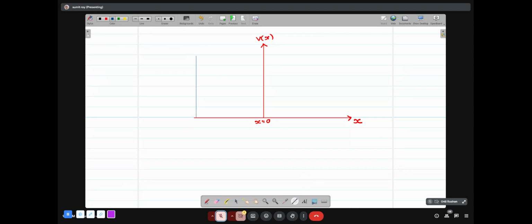That means you have something like this. Suppose this is the potential energy curve.